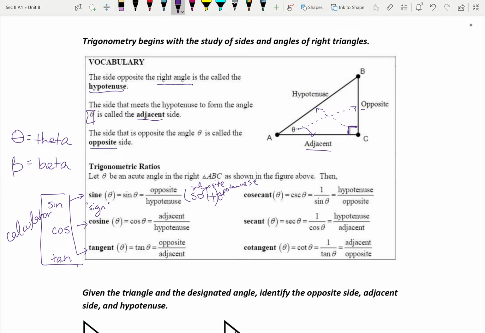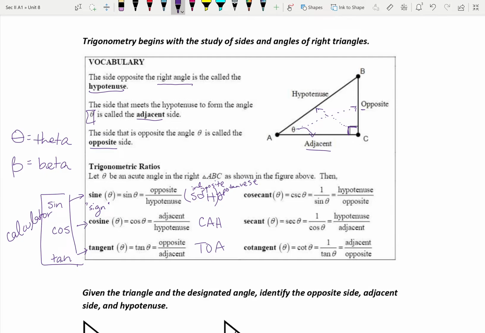Your next one is cosine, identified by adjacent divided by hypotenuse. So that one's CAH: cosine, adjacent, hypotenuse. Then you have TOA, which is tangent, opposite over adjacent. Those are your three basic ratios.